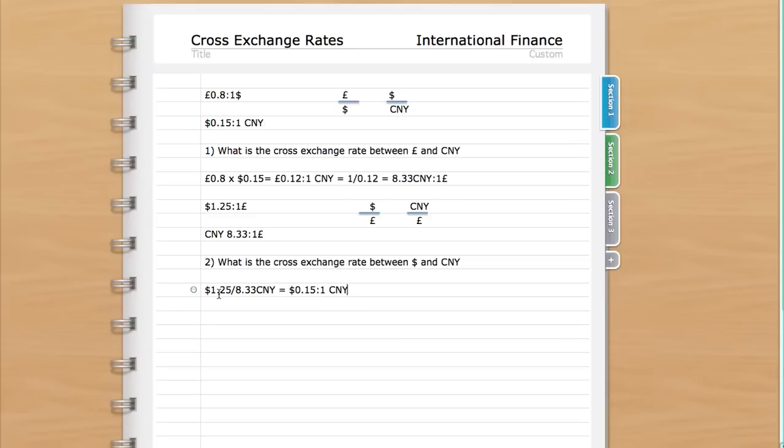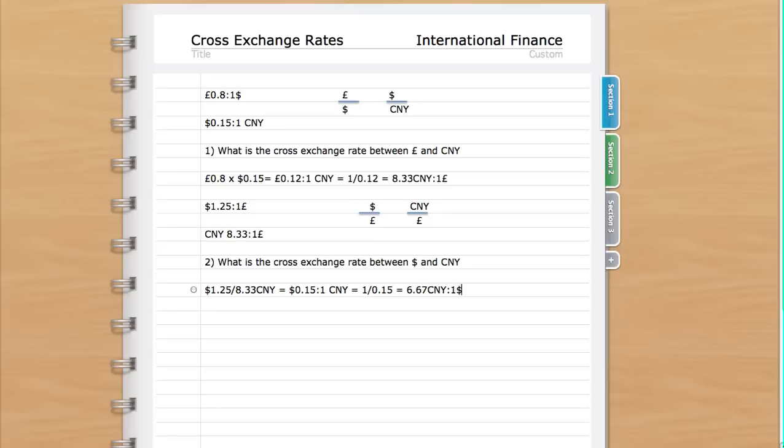So we know that 1 yuan can buy $0.15, or if you want to depict it differently, if you want to know the value of a dollar, you just say 1 divided by 0.15, which is the same as saying that 6.67 yuan is the value of $1.